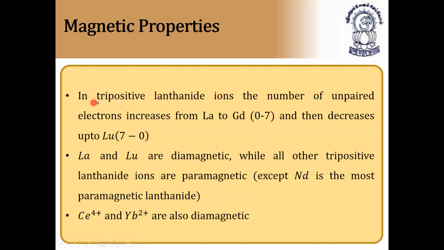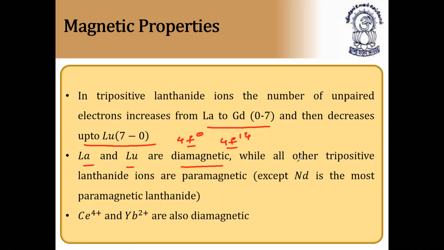Magnetic properties. In tripositive lanthanide ions, the number of unpaired electrons increases from lanthanum to gadolinium, 0 to 7, and then decreases from gadolinium to lutetium, 7 to 0. So lanthanum and lutetium are diamagnetic because lanthanum is 4f0 and lutetium is 4f14, and they do not have unpaired electrons.